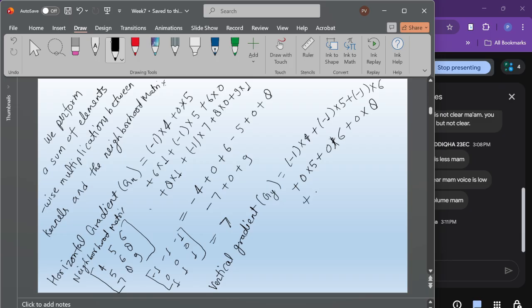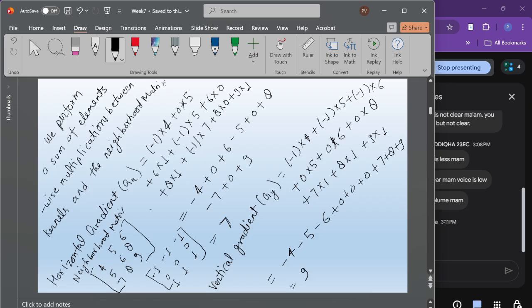Now next one is 7 into 1 plus 8 into 1 plus 9 into 1. So overall here you will get minus 4, minus 5, minus 6, plus 0, plus 0, plus 0, plus 7, plus 8, plus 9. So if we add and subtract all these values, we will get 9.